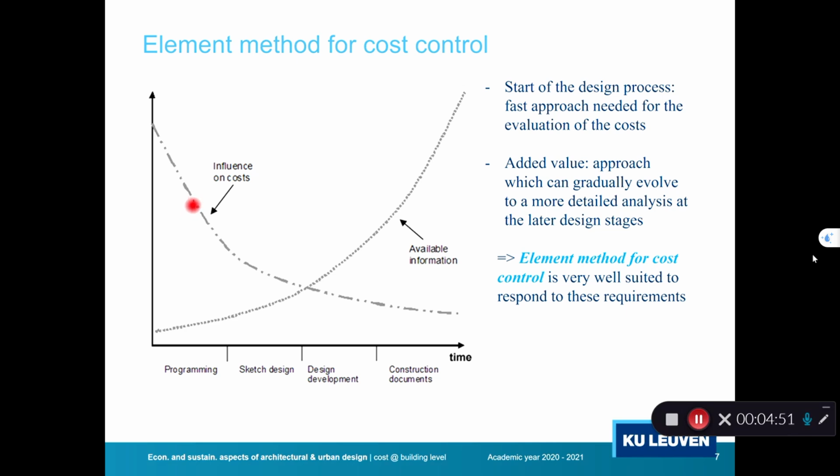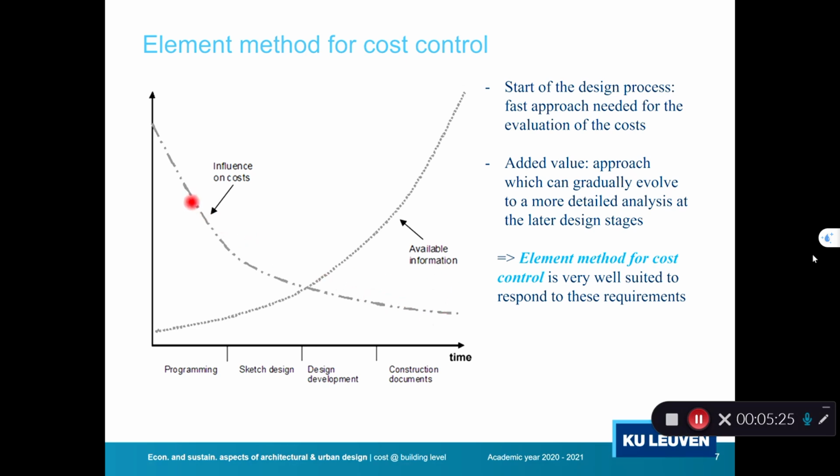But on the other hand, we also want to further refine the cost estimation along the process when more decisions are taken, and hence when more data become available. So what we actually are looking for is a method to make rough cost estimations in the beginning to support the decisions taken at that moment in the design process. And on the other hand, we don't want to redo the whole calculations from scratch later on in the design process.